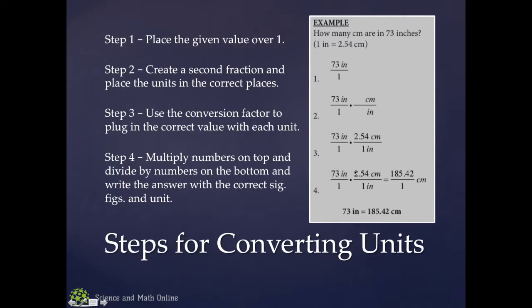So 73 times 2.54 is 185.42. Okay. I did not do this in correct sig figs for some reason, but correct sig figs would only be 2 because this has 2 significant figures. So my answer would be 190 centimeters, because that 5 I would have rounded up. Okay, so 190 centimeters.